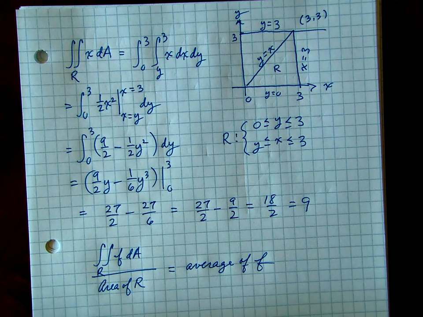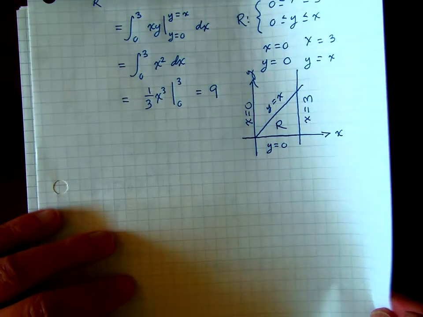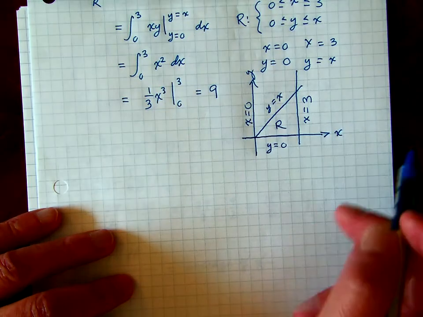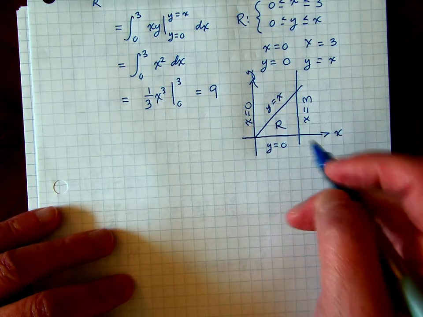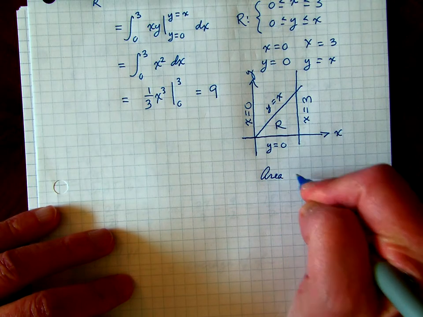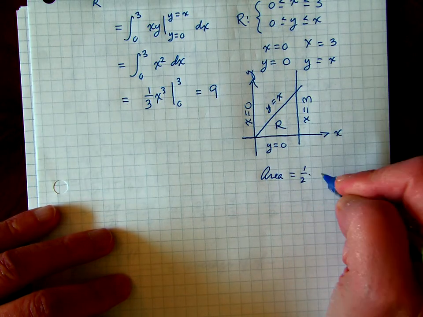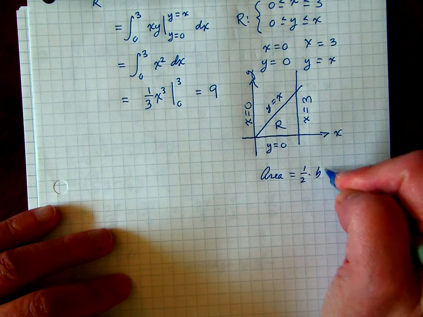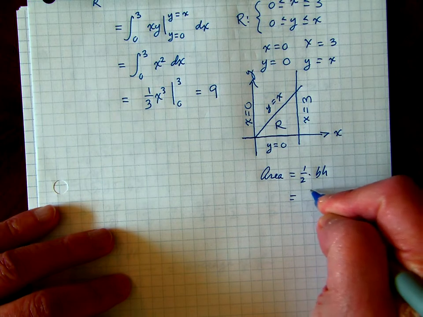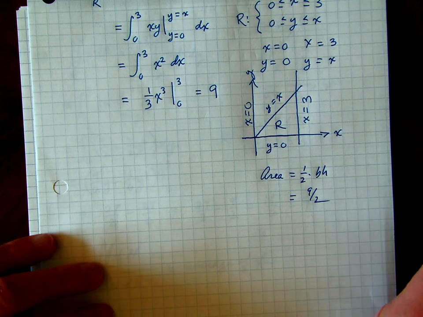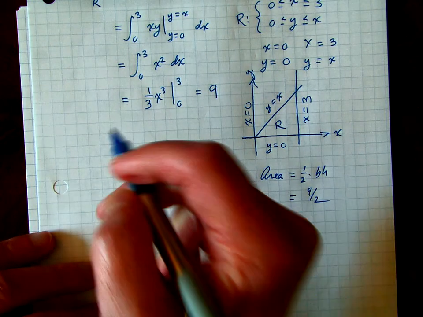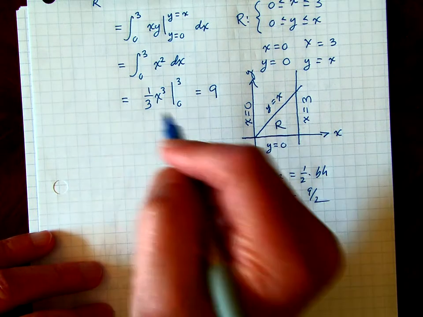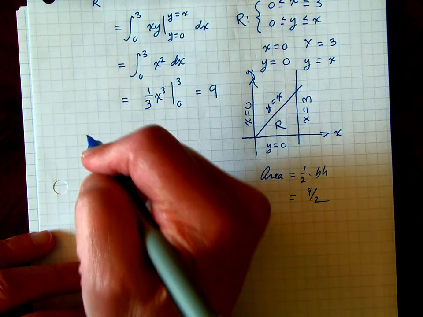So, if we go back to our original right here, where we integrated this, the area of R, well, that's pretty easy, 1/2 base times height, okay? So, I guess it's 9/2. All right? So, my average, by the way, you know the name for the average of x, it's x bar.